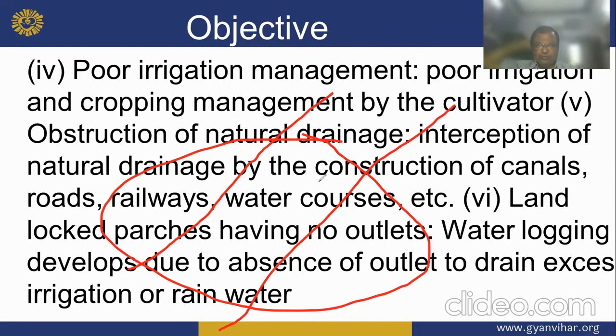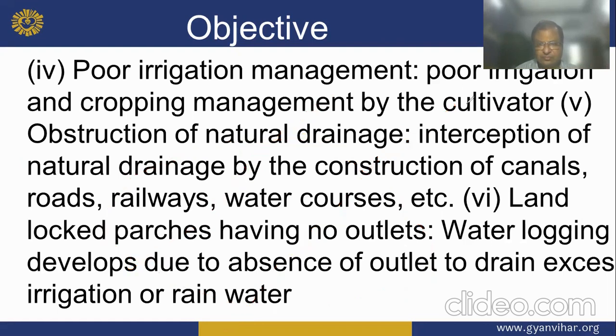So no water can move out of this entire area, and this area can develop waterlogging. Landlocked patches having no outlet develop waterlogging due to absence of an outlet to drain excess irrigation and rainwater.